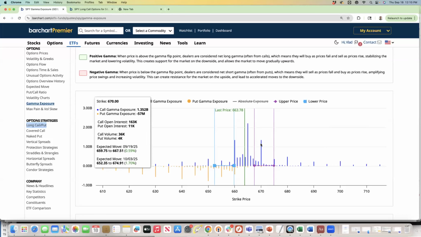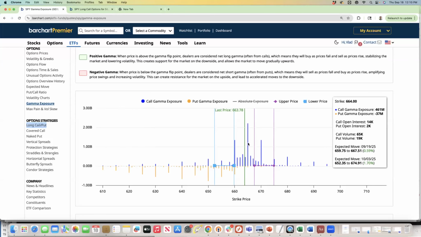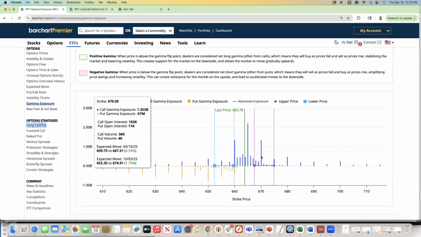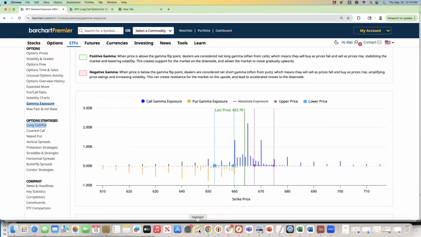So I know that as we approach 665, this is where the highest concentration of calls is right now. This is an overhead resistance, right? And the market may or may not break through 665. So this is your first resistance level. And if we do break through 665, then your next level of resistance is 670, right?